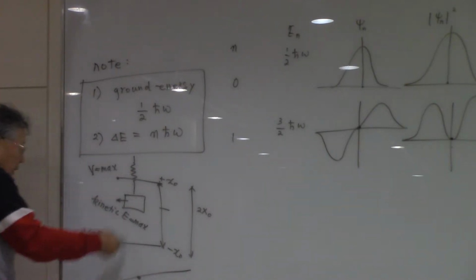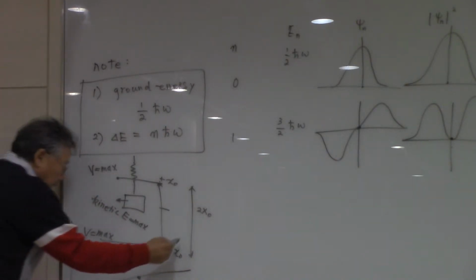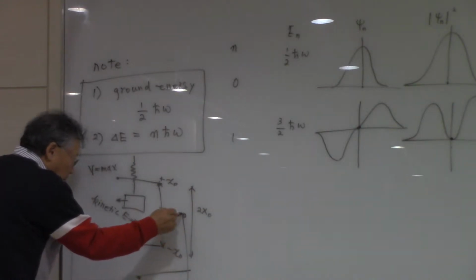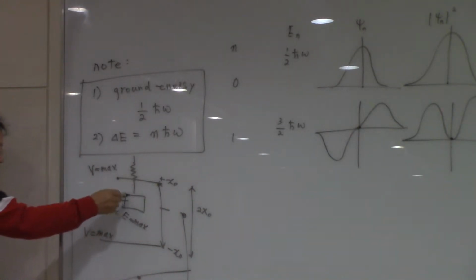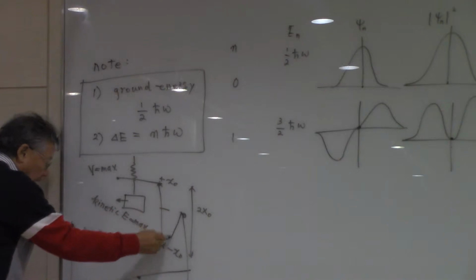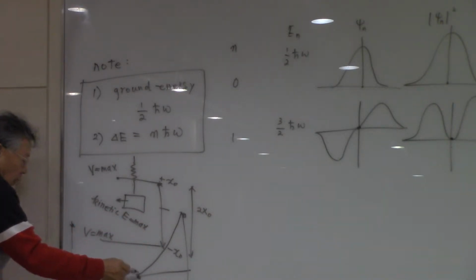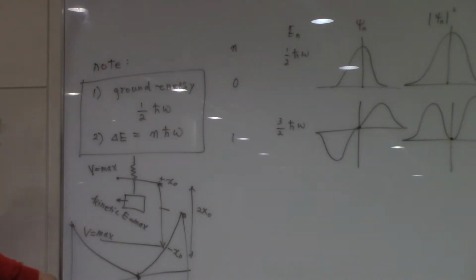So the classical theory says that we have a maximum probability of finding this oscillator at the ends, and almost zero probability of finding it at the center, because the kinetic energy is the maximum, right?